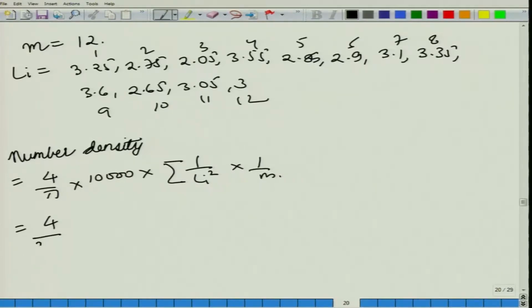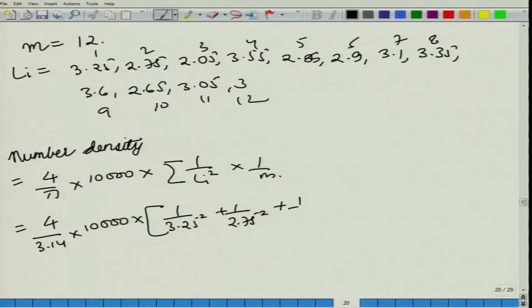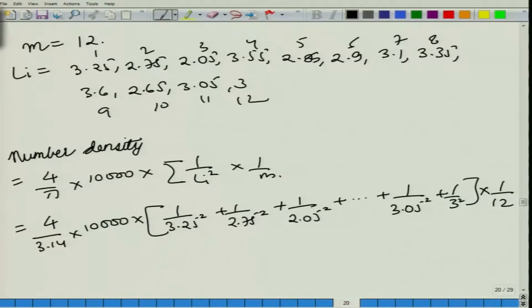We have 4 by 3.14 into 10,000 into 1 over 3.25 square plus 1 over 2.75 square plus 1 over 2.05 square plus so on till 1 over 3.05 square plus 1 over 3 square, multiplied by 1 by 12. When we do this calculation, we get the value of 1504 stems per hectare.